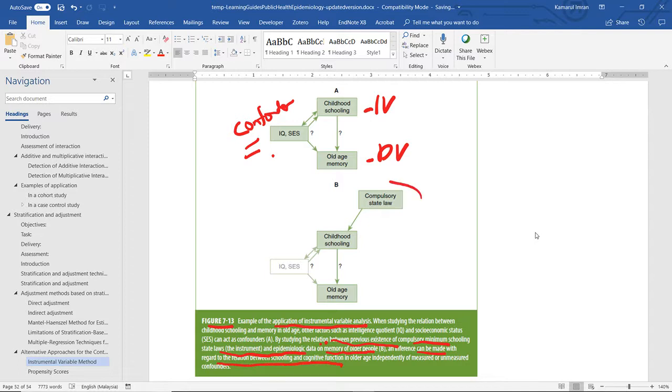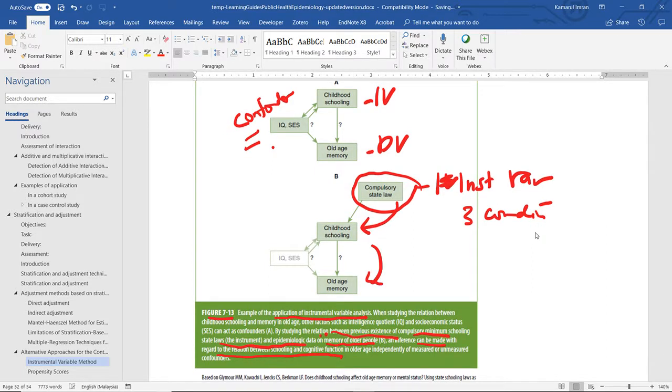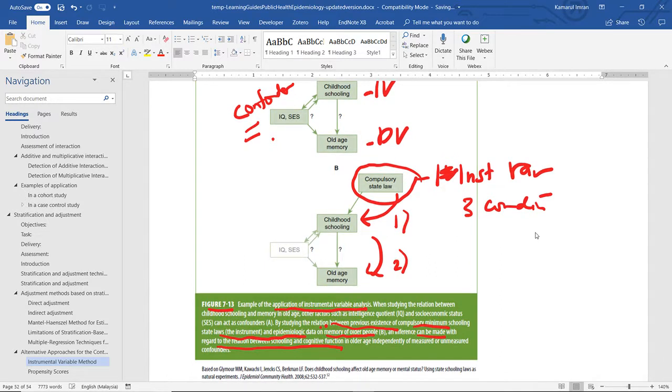So this is the instrumental variable, and you must remember it must fulfill 3 conditions. And then you do regression here and regression here. There are 2 regressions done.